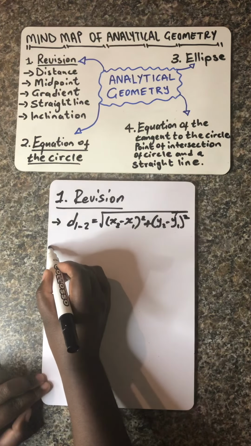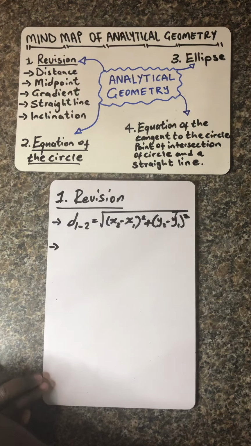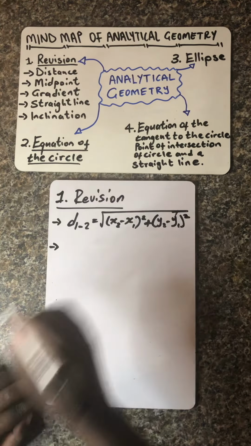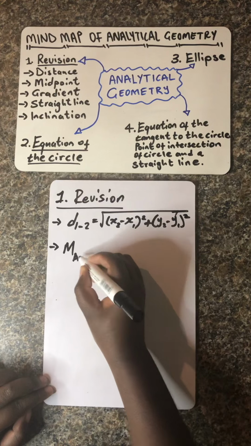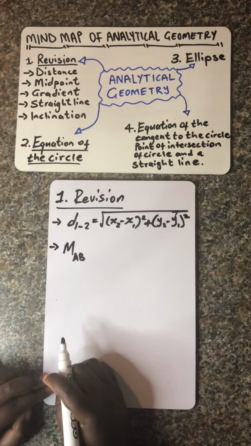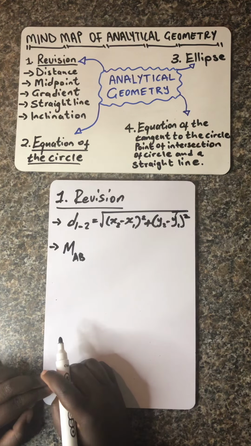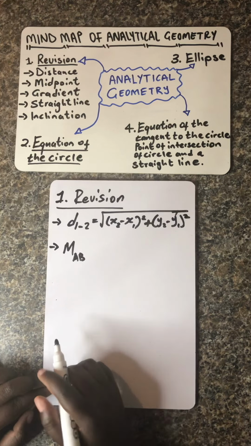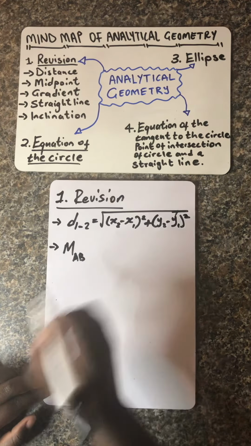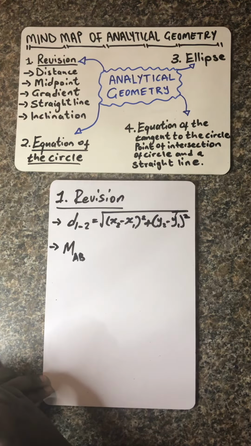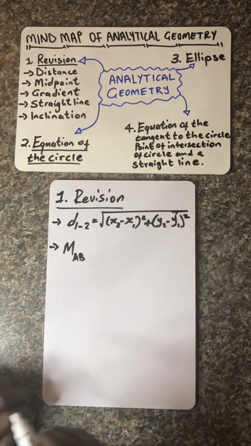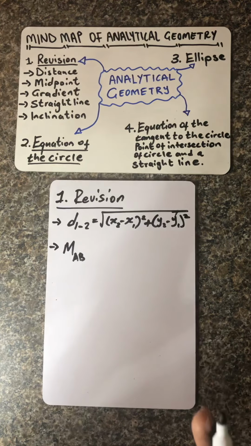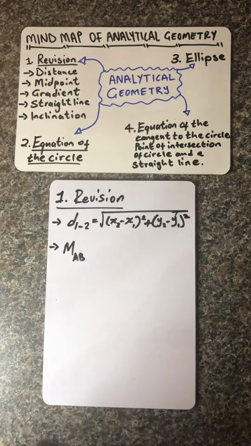Okay, so ladies and gentlemen, remember, we've got the midpoint formula. The midpoint of points A, B. Remember, guys, it doesn't necessarily mean that at all times we'll have points A and B, or points 1 and 2. Any letter can be used to represent a point.